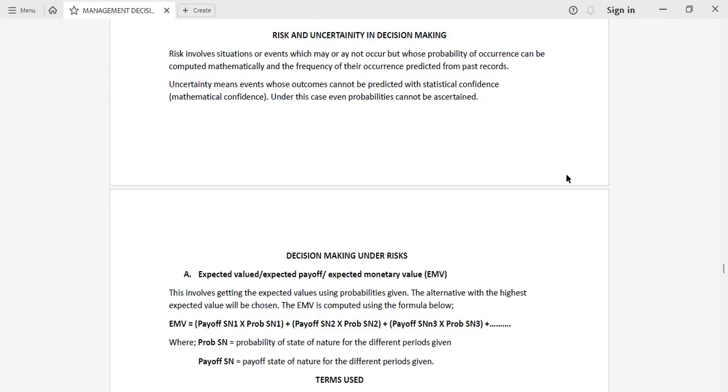We are going also to look at the terms that are used under decision making under risk. Then we also look at the other technique that we can use to make a decision, that is the decision tree. So we are just going to have an introductory part where we are going to be talking about those things in details.